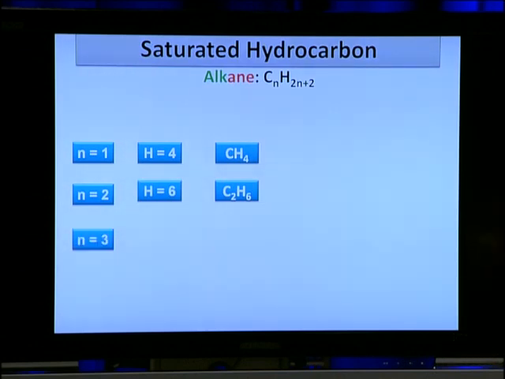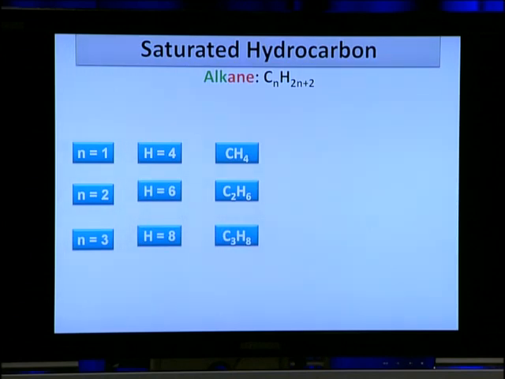Let's try with the next one. When n is equal to 3, I think by now you know the pattern of how the members of the alkanes are being found out. So when n is equal to 3, that means C is equal to 3, H should be equal to 2 times 3 plus 2, which is 8.